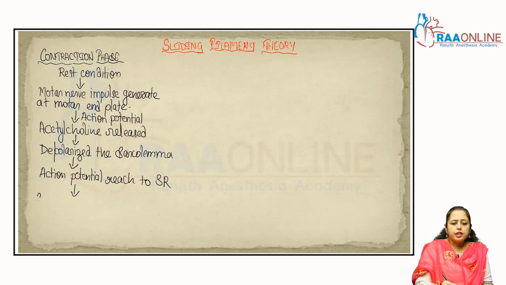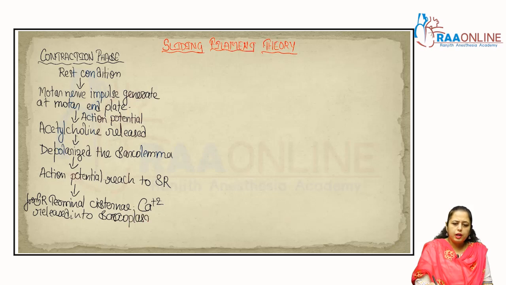In the sarcoplasmic reticulum terminal cisternae, some calcium ions are there. From the terminal cisternae, the calcium ions are released due to the action potential into the sarcoplasm. Now what will happen?